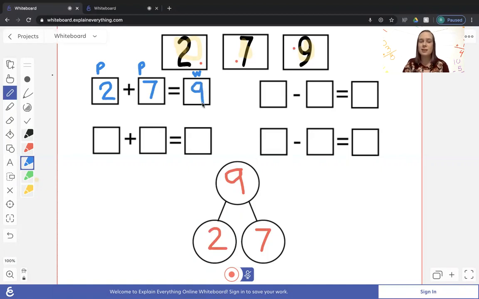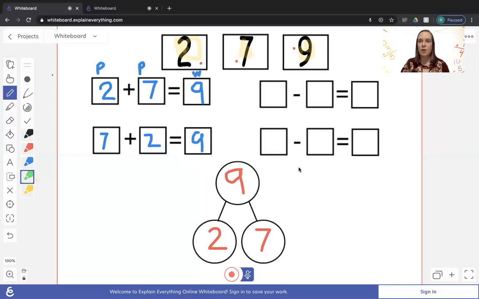Now if I wanted to find another adding equation for these two numbers, I could just flip-flop them. So instead of 2 plus 7, I'm going to flip-flop my parts. 7 plus 2 equals 9. See, that's not very difficult, using that number bond to write some adding equations.